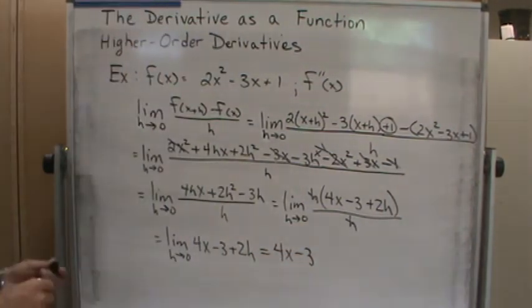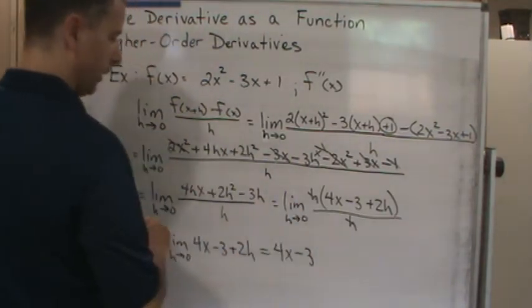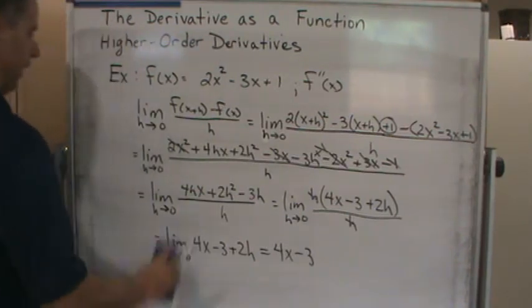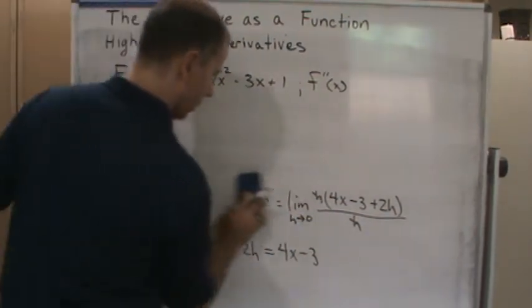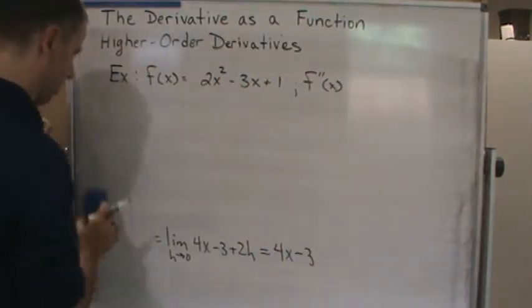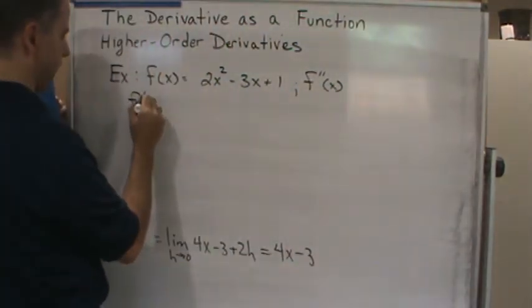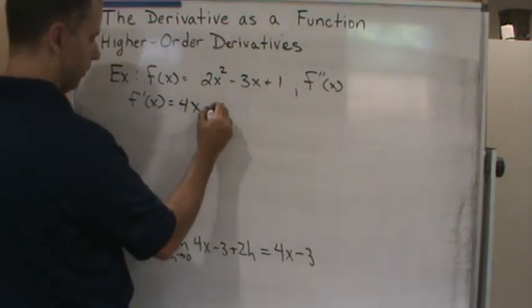Okay, now, this is our first derivative function. So we just found f prime of x. So we found f prime of x is equal to 4x minus 3.